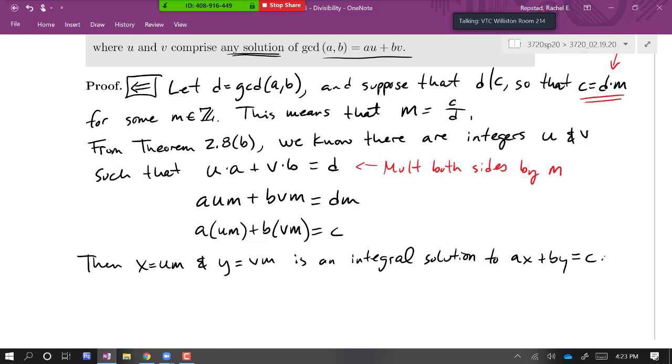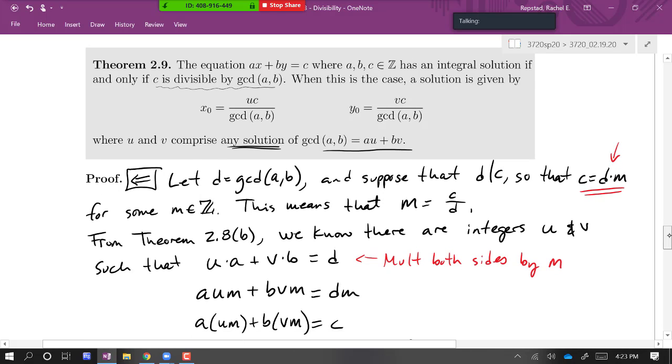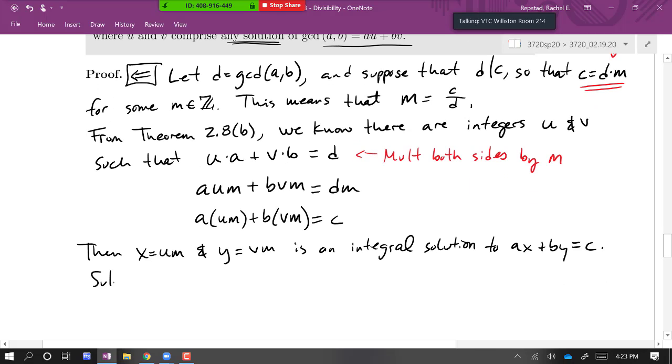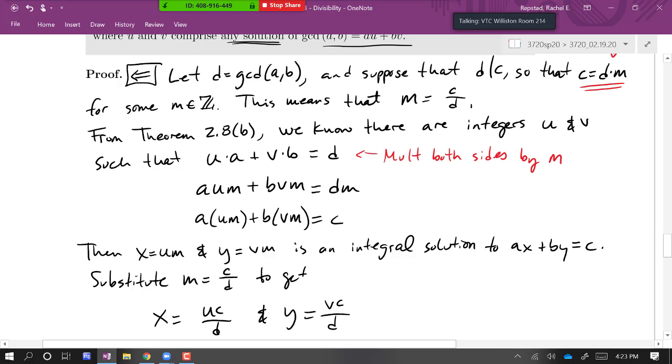And then the last bit is just substituting. So now substitute M equal to C over D to get X is equal to U C over D and Y is equal to V C over D. And that just gets us the other part of the result that we're looking for.